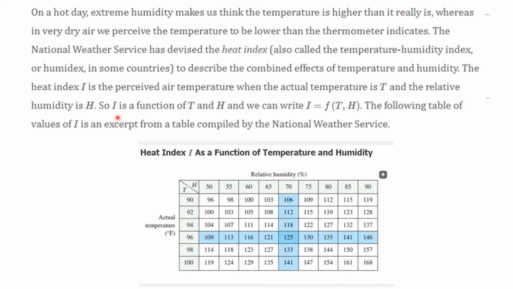So I, the index, is a function of H and T, and we write I is equal to F of T and H. The following table of values is an excerpt from a table that's compiled and maintained by the National Weather Service.